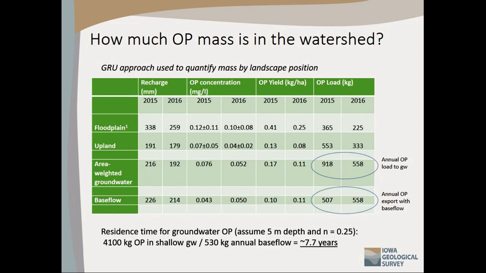If we could add up all of our area-weighted location, or floodplains and uplands, assume a 5-meter depth and a porosity of about 0.25, we had 530 kilograms of annual base flow of orthophosphorus. Given how much is there, it would take about 7.7 years, let's round to 8 years, to remove essentially the orthophosphorus that's being stored in shallow groundwater in the watershed.